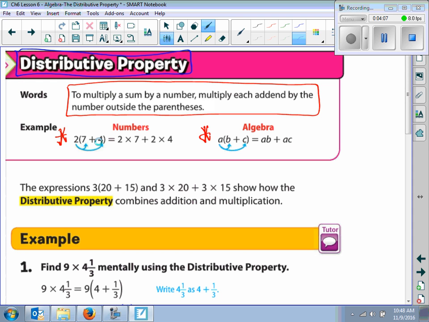Is that clear? All right. And then over here, that's what it looks like algebraically with just variables. So here, you're just going to take the A and multiply it times everything on the inside of the parentheses. So the distributive property combines addition and multiplication in simplifying our expressions.